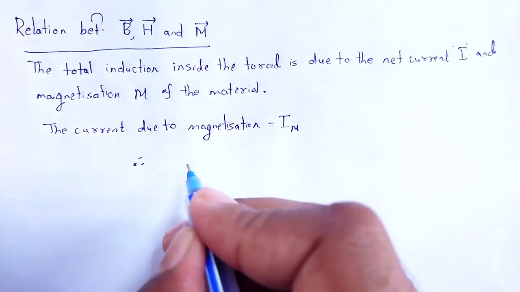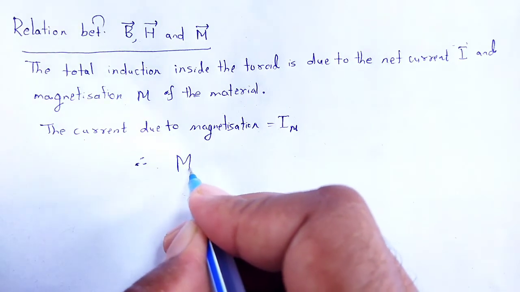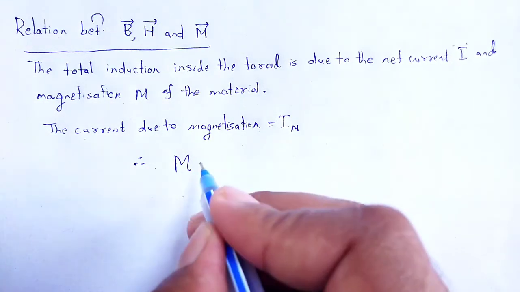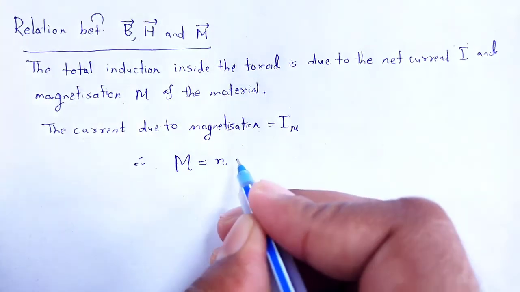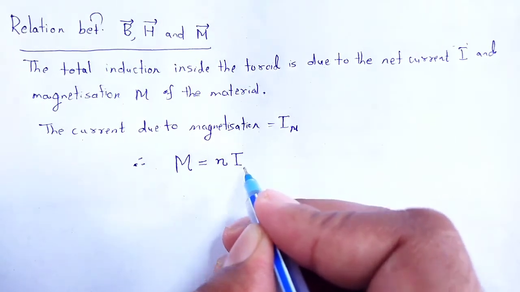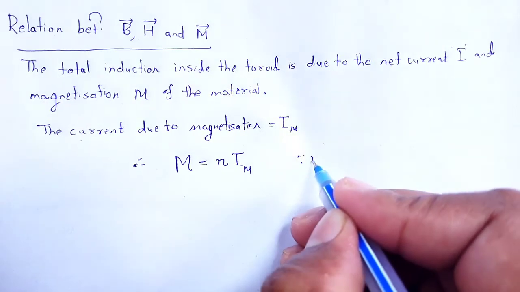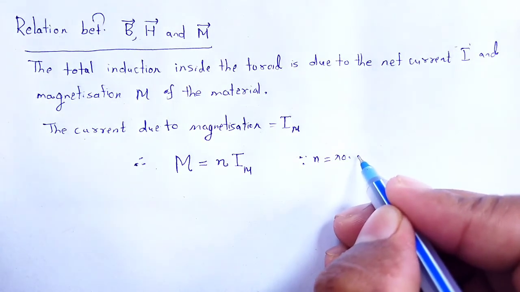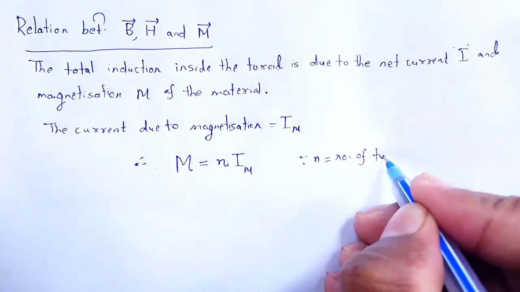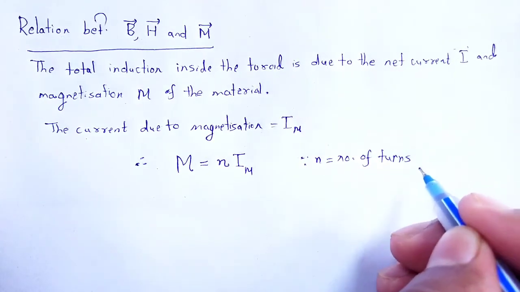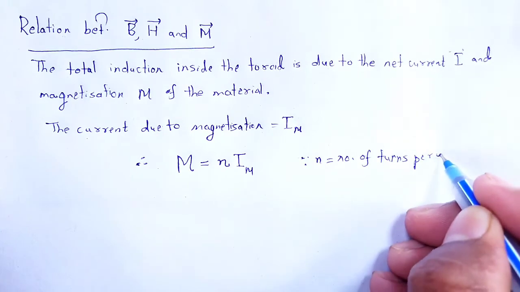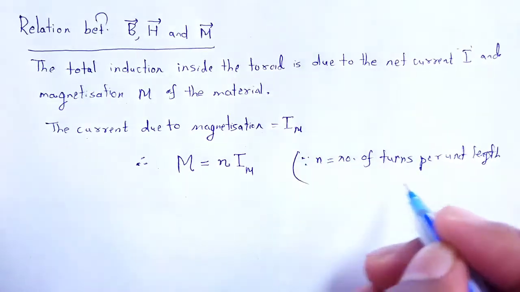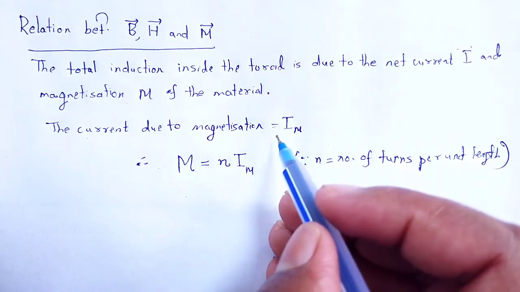Therefore, the magnetization vector M is equal to N into Im, where N is the number of turns per unit length and Im is the current due to the magnetization.